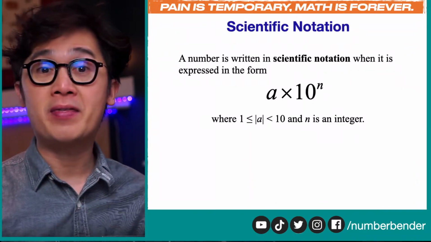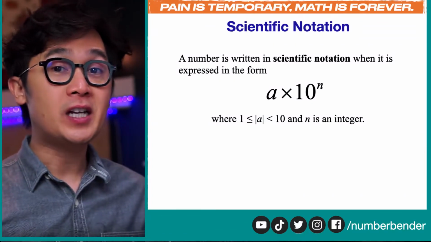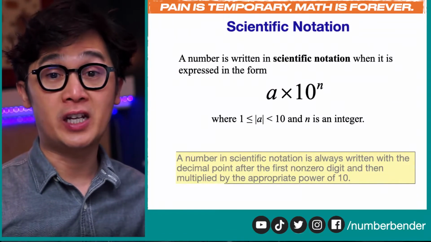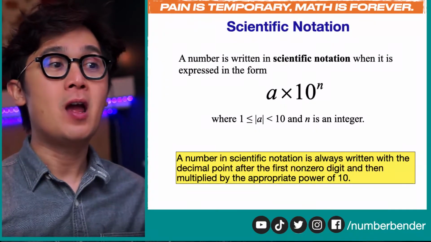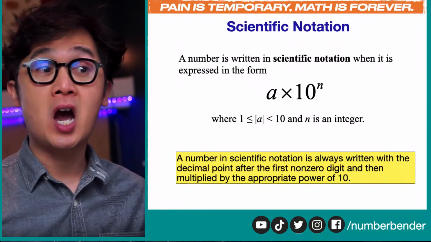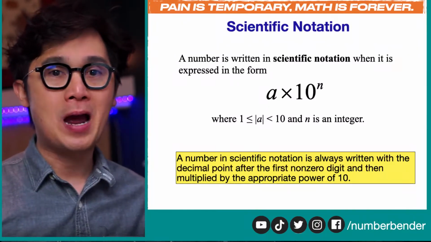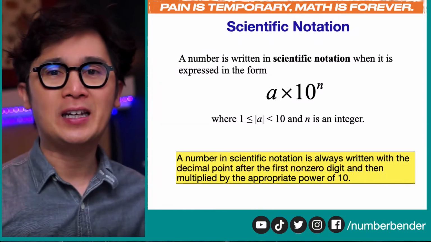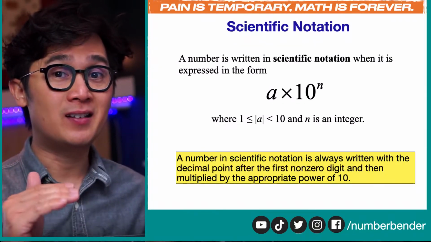This is the format we'll achieve when converting standard notation into scientific notation. A number in scientific notation is always written with a decimal point after the first non-zero digit, then multiplied by the appropriate power of 10, which is what our formula a times 10 to the n tells us.